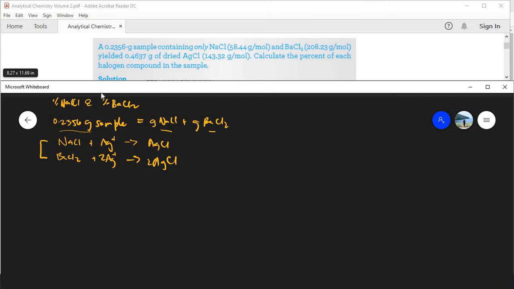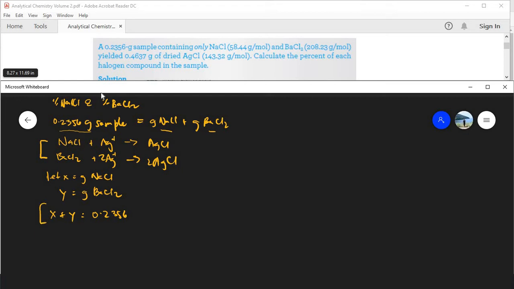So, if we let X be the grams NaCl and Y be the grams BaCl2, then X plus Y is equal to the mass of the sample. So, we have this equation.